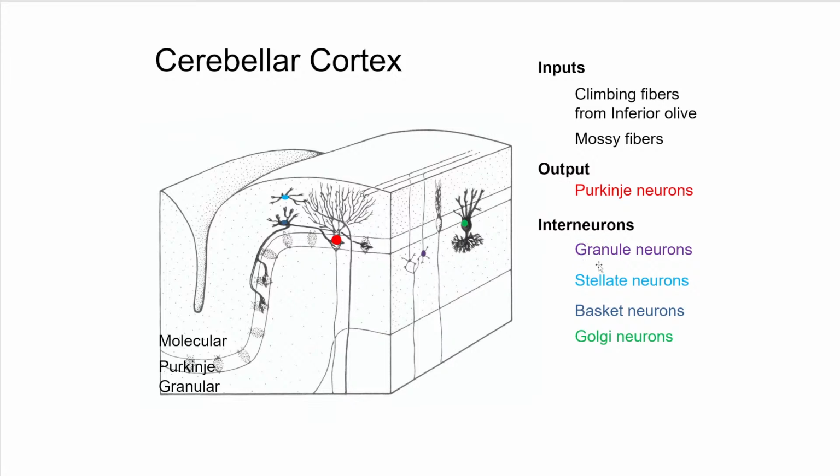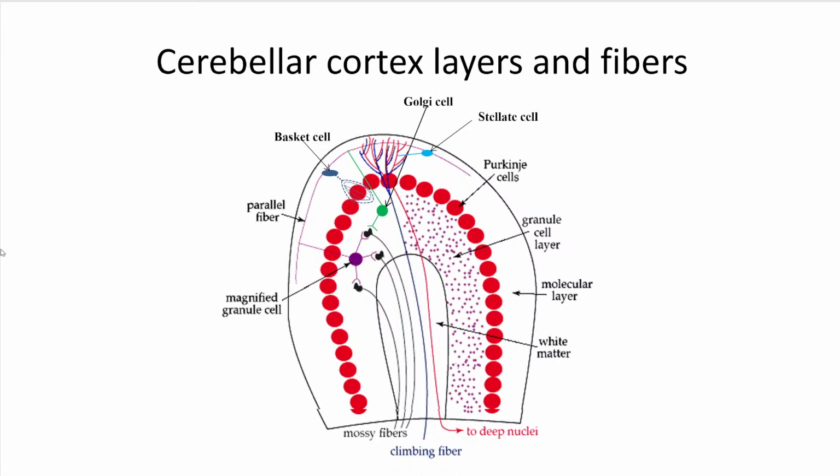They are granule neurons, stellate neurons, basket neurons, and Golgi neurons. They are all located in various layers of the cerebellar cortex, and now we can enlarge a single cerebellar cortex and have a look at how it looks if we make it bigger.